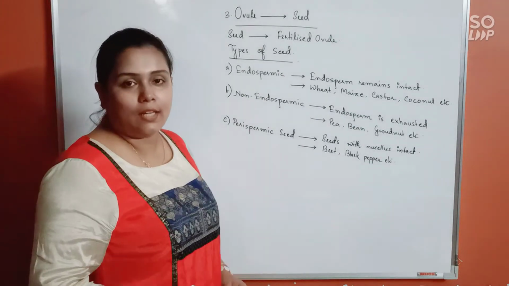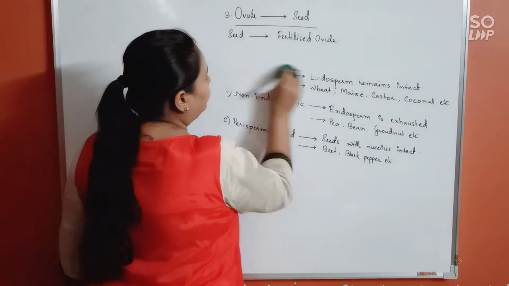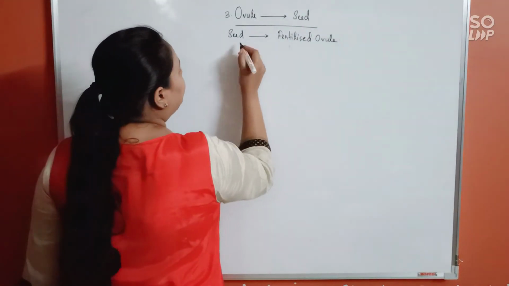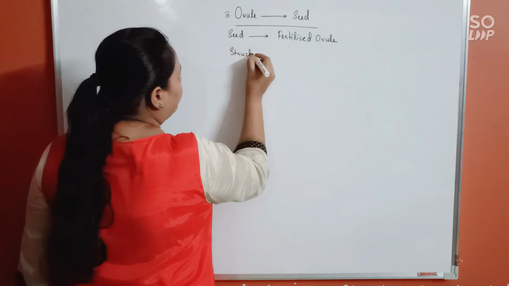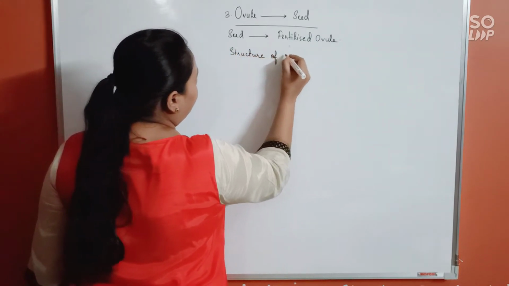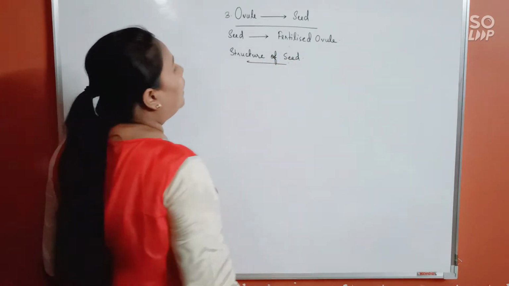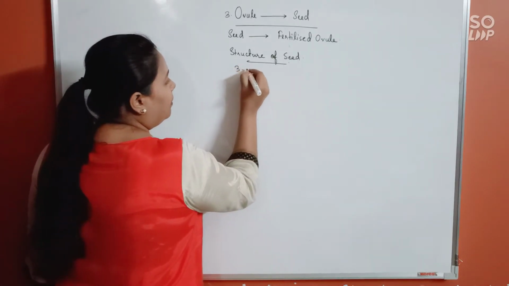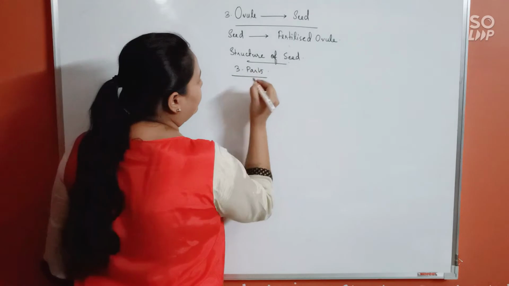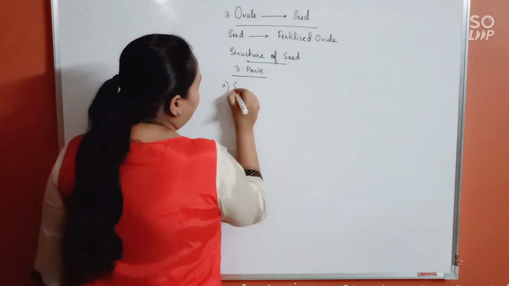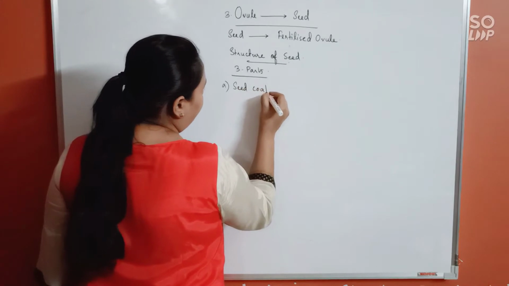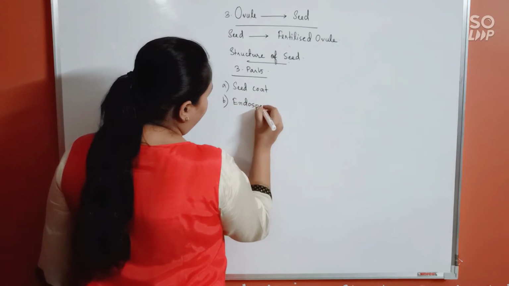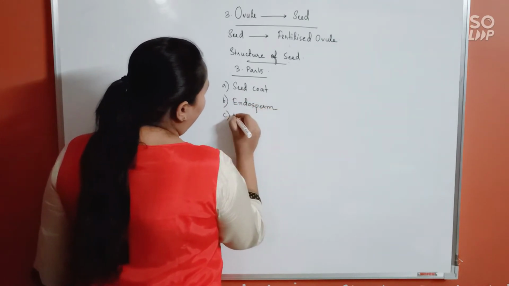Alright, now let us discuss the structure of seed. Again, you all very well know that the seed consists of three parts. One is the seed coat, another is endosperm, and third is the embryo.